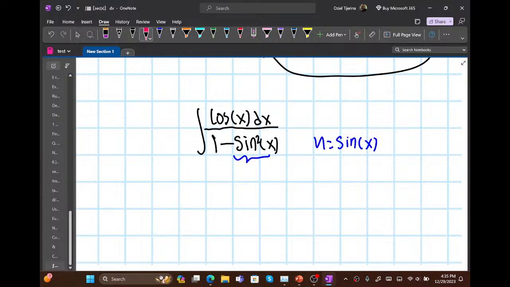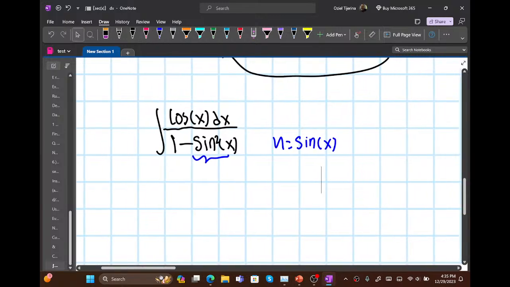And then du is going to be cosine x. That's what I did here. I just hope that makes sense because, I mean, you just have to test it out. Like, we're not going to let u be sine squared or 1 minus sine squared because that wouldn't make sense. We have to make sure it cancels out with the cosine x. Like, we have to make everything in terms of u.